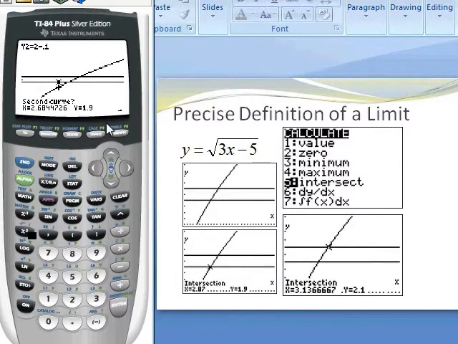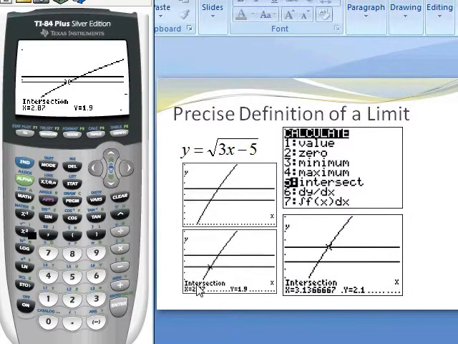Let's say I want to find this intersection, this one and that one. So I'm looking for that value. Then you push enter. You have to guess because it's using Newton's method. And bam, it got it. It says X is 2.87. Do you see that?